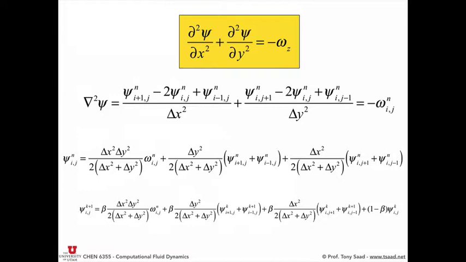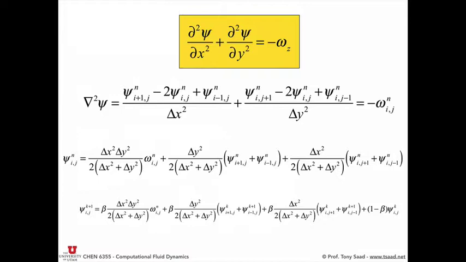So you don't do anything special here. Maybe I'll just do the derivation in front of you, just in case I have a mistake on the board. Okay. So how do we solve this? d2 psi by dx squared plus d2 psi by dy squared equals minus omega.